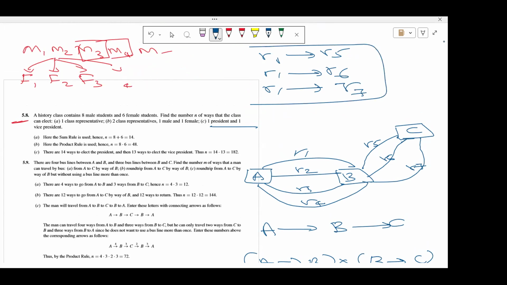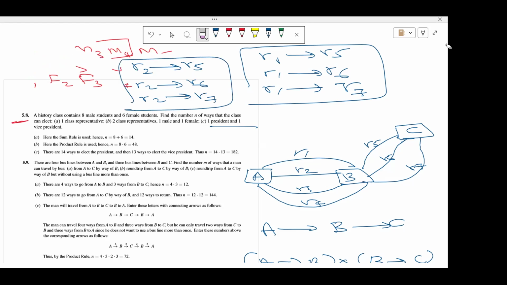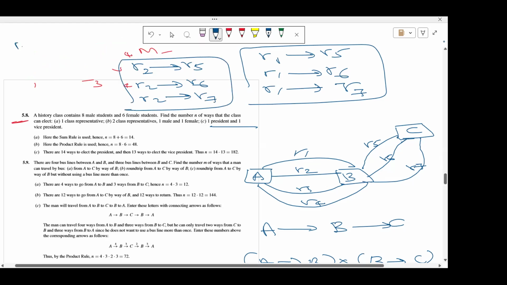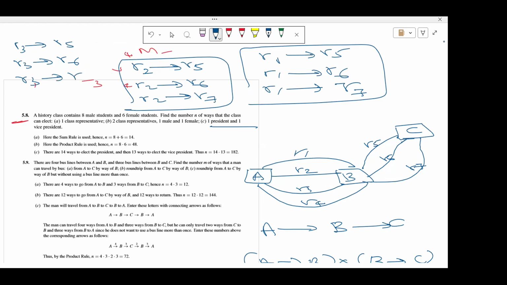These are three ways. Another way, if we select R2: R2, R5, R2, R6, R2, R7. These are another three ways, right? Another three ways: R3, R5, R3, R6, R3, R7.